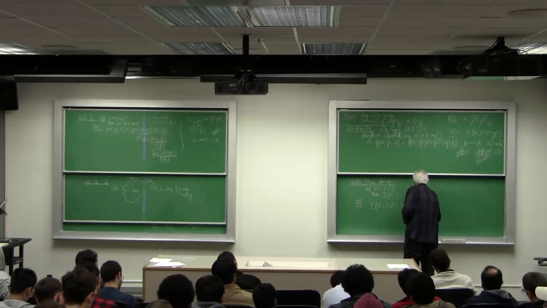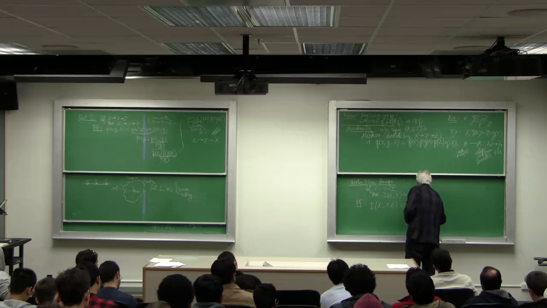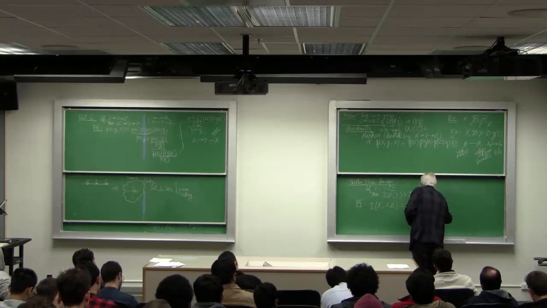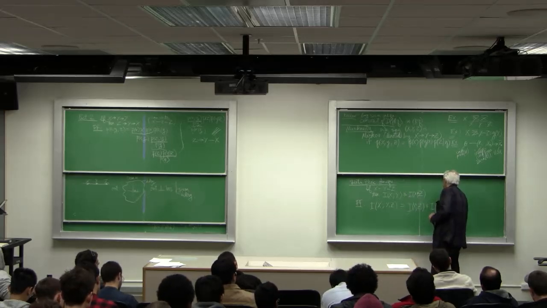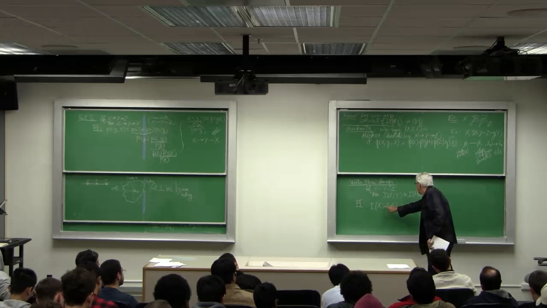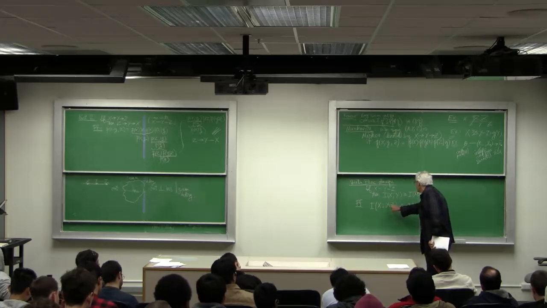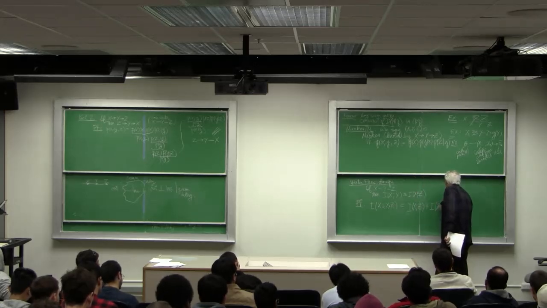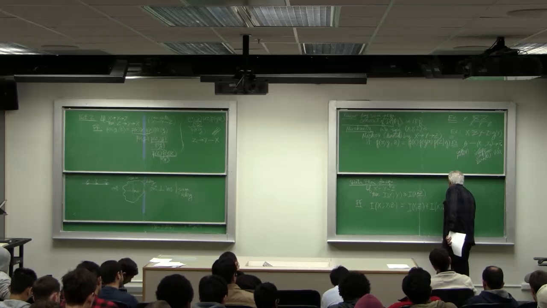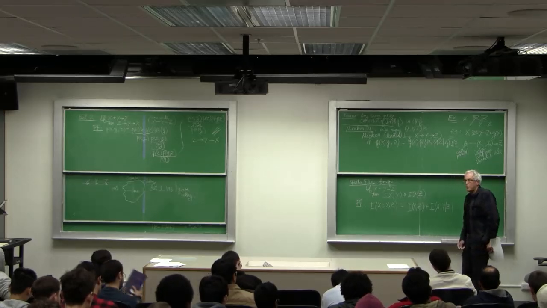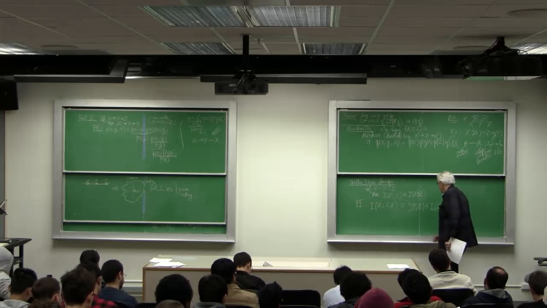I of X and Z plus the mutual information between X and Y given Z. That's the chain rule for mutual information.